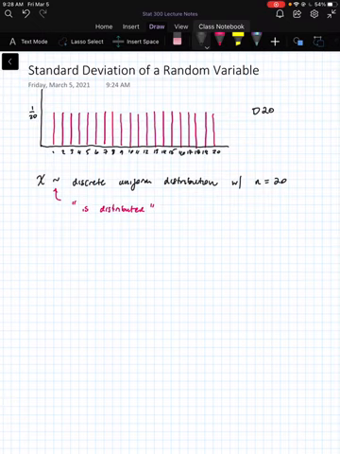So, standard deviation, we defined it previously when we were talking about samples.